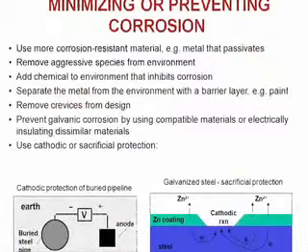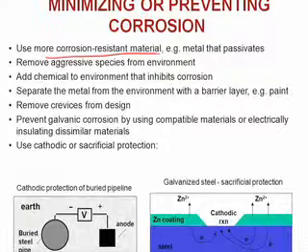Okay, in the time that remains, I want to talk about the most important part of this, which is minimizing or reducing corrosion. So what do you do to prevent corrosion? Well, you can use a more corrosion-resistant material. You can look up generally the corrosion properties and corrosion rates in handbooks for a given environment. The problem is that more corrosion-resistant materials, those that passivate, usually are more expensive.